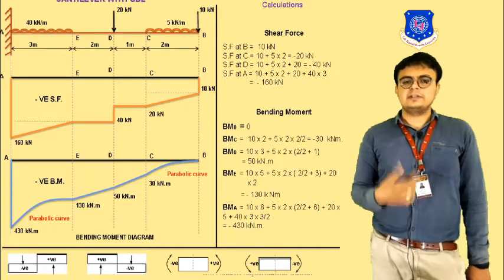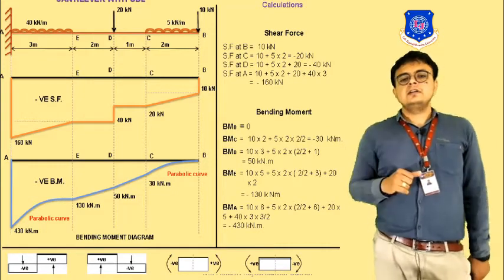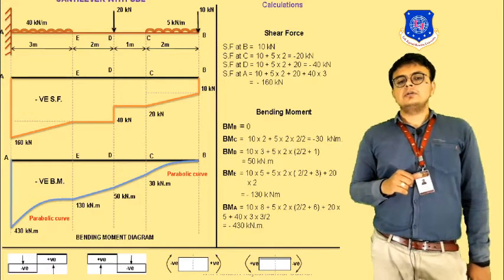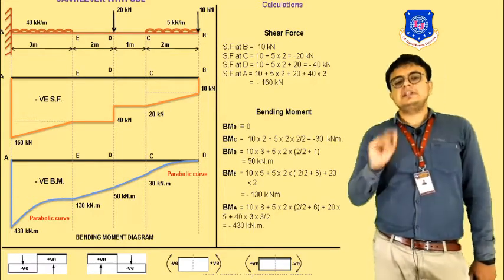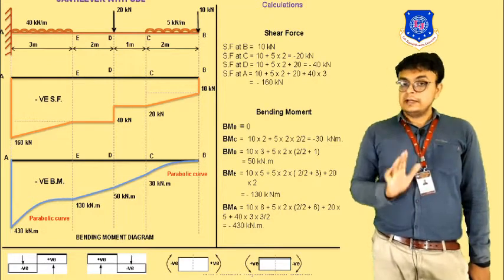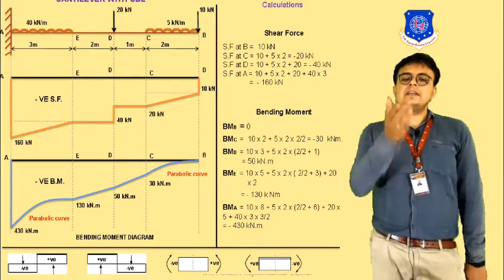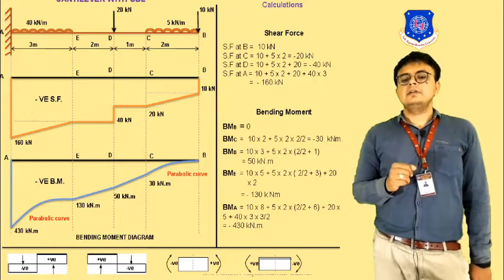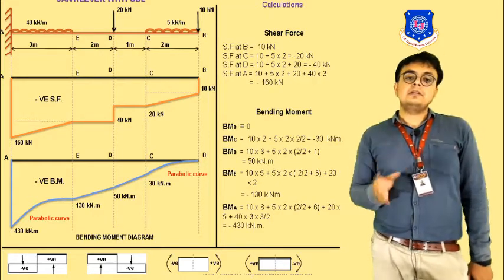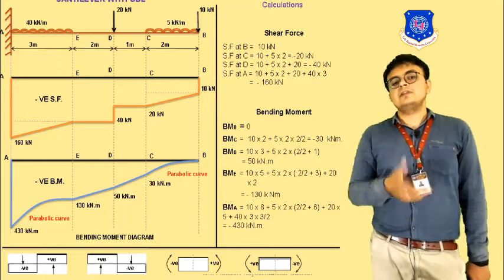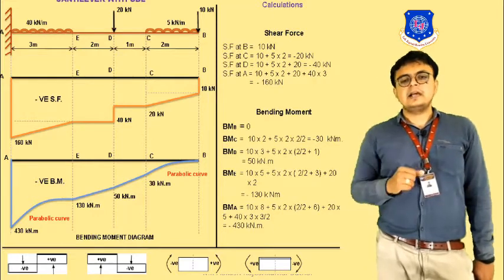Because of the 10 kilonewton concentrated load, the moment will be equal to 10 into 3, and it is in downward direction. After that, we have the UDL of 5 kilonewton, which is only over a span of 2 meter, but we have to take it from point D. So let us see how it is done.